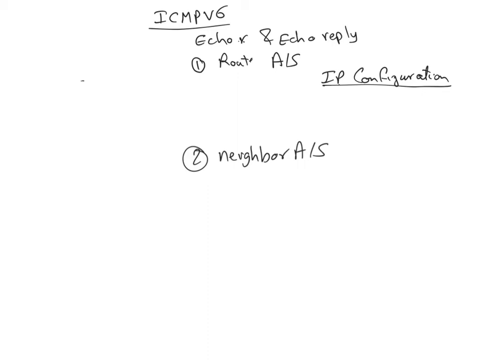We said that if you have a router and this LAN has many hosts, one of the ways to configure IP version 6 addresses to these hosts is the SLAAC method. The router may in fact send a router advertisement message, which in that case uses what type of address?